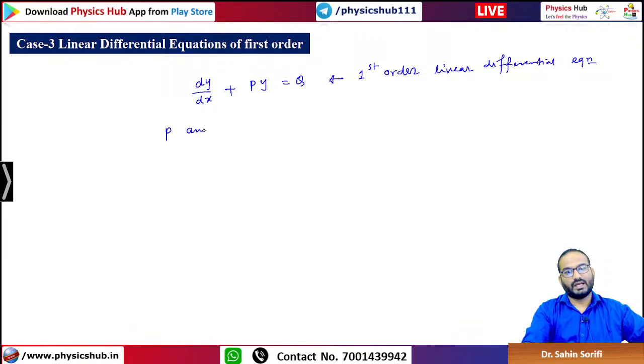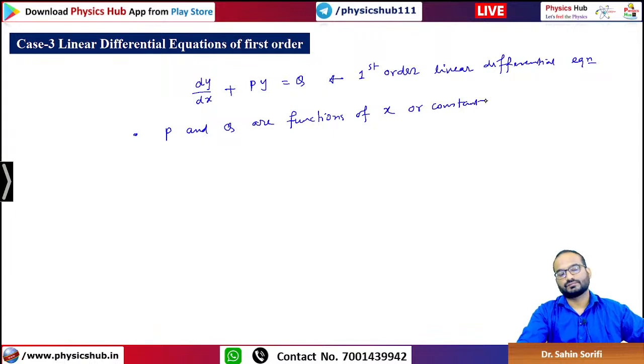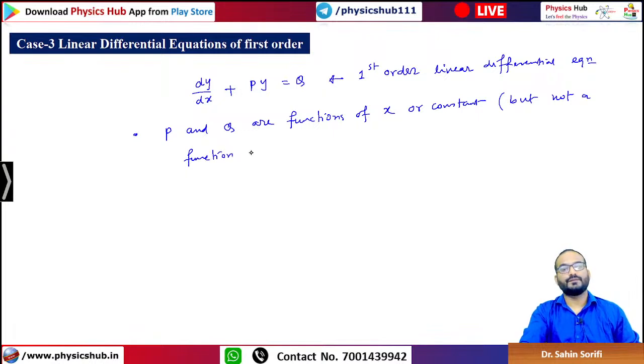P and Q are functions of x, or constants, but they are not a function of y. There will be no y related term in these functions P and Q.